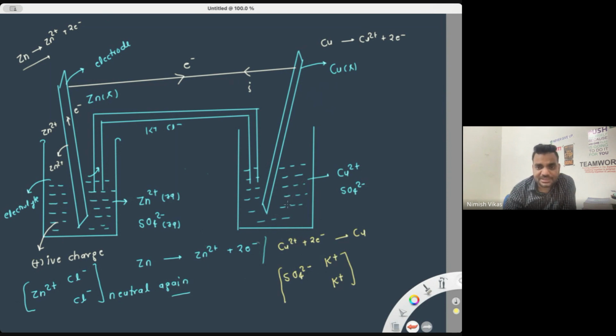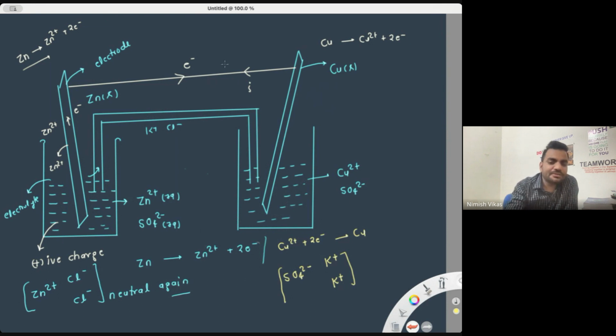So when neutrality is maintained, now zinc is free to lose more electrons. Electrons will come to this side, and zinc ion can come to this side, and solution will remain neutral. So a continuous passage of electrons is possible from zinc to copper side.